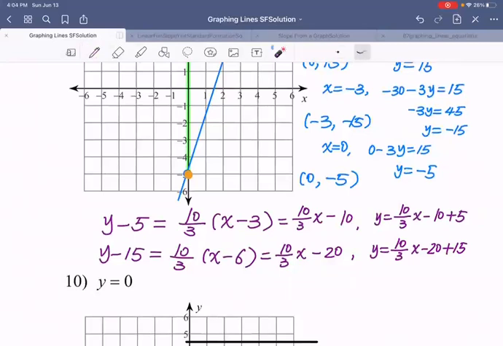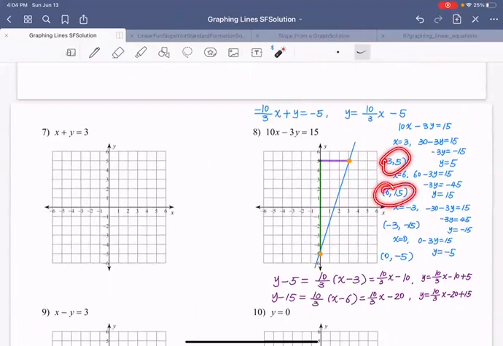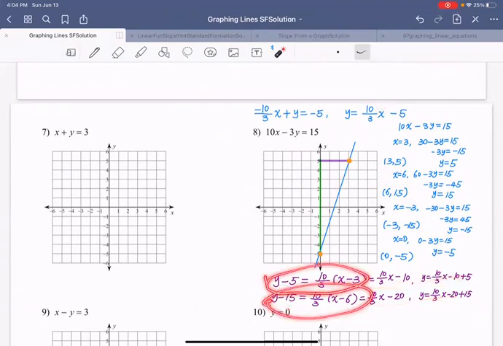Look at this. This is -5. This is -5. Are they the same? Even though you plug in different points, it doesn't matter, because you choose those points on the line. It doesn't matter which point you choose in the point-slope format. Even though this looks different from this one, they are identical. It is exactly the same. Okay? Does that make sense now?